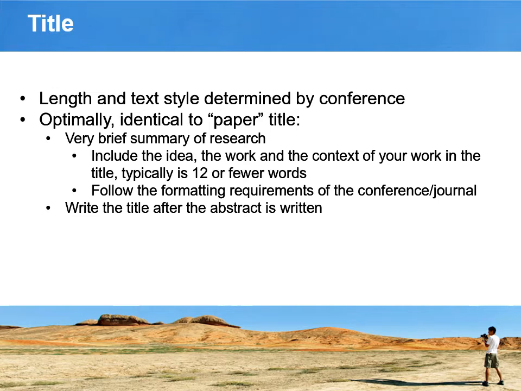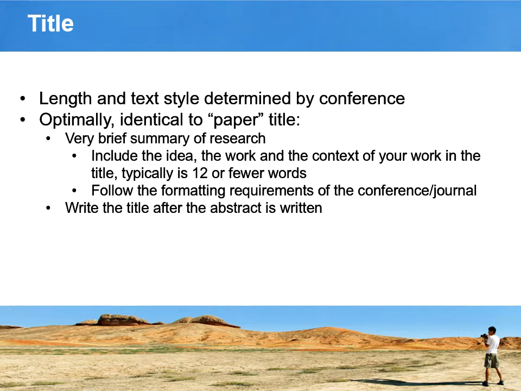So starting with the title, the length and text style are determined by the conference or journal, as we mentioned earlier. Optimally, this is identical to your paper title, the full-length paper. This is a brief summary of research, so make sure to include the idea and context of your work, to give readers a good idea of what it's going to be about and what they can expect.